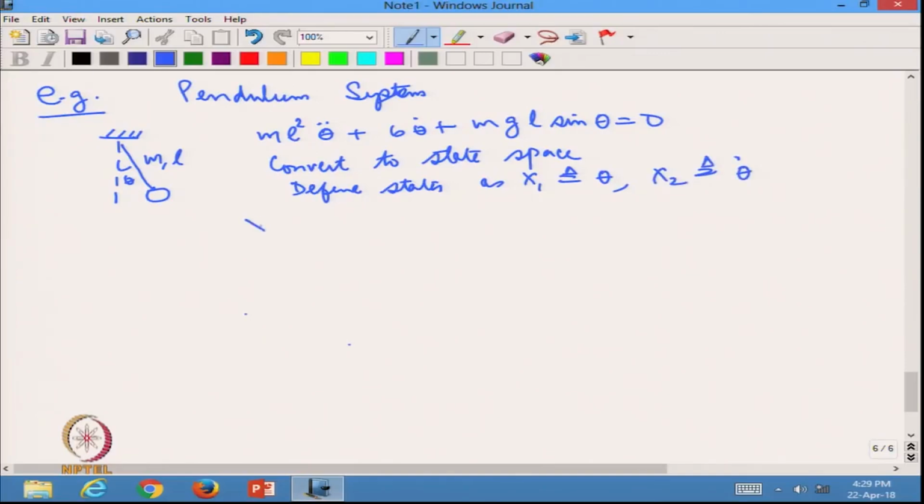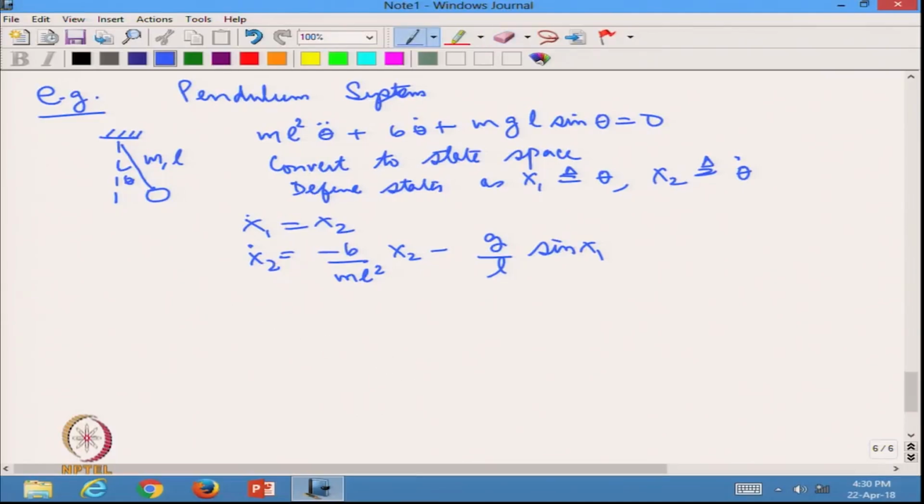So, then we can write down a set of first order differential equations as x1 dot equals x2 and x2 dot equals minus b over m l square x2 minus g over L sin x1. All right. So, we have represented the dynamics in the state space form.